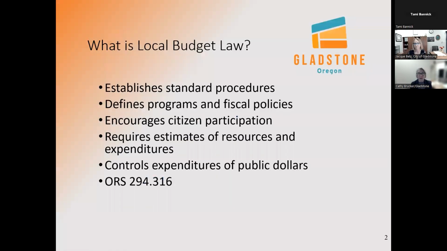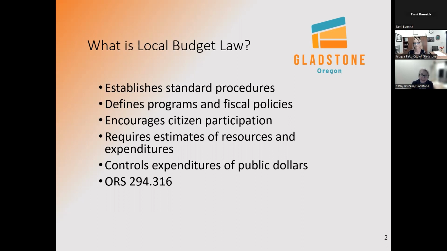What is local budget law and what is a budget? It's a financial plan for the city. Excuse me, I got one slide ahead of myself there. Local budget law was established originally under ORS Chapter 24.